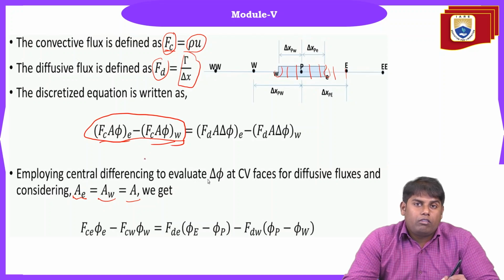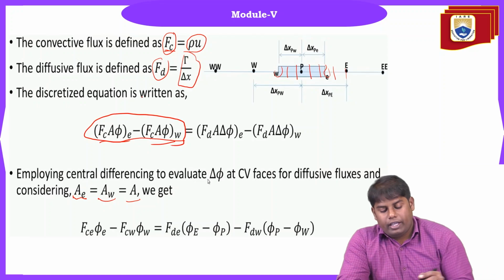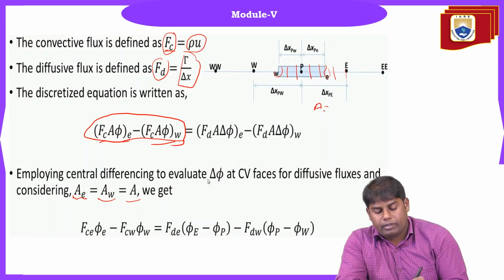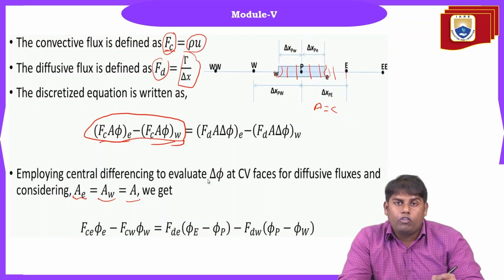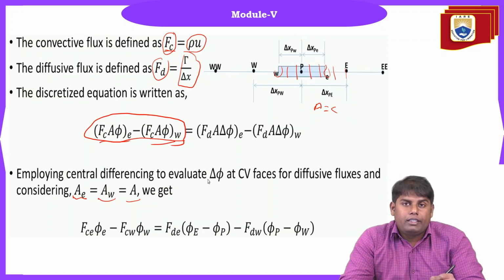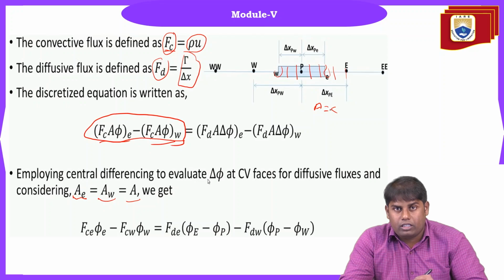The difference between 1D and quasi 1D is that for 1D, the area is constant with respect to space, and the values of pressure, temperature, density, velocity vary with respect to only one direction, whereas area is constant. In quasi 1D, the area changes along the direction.